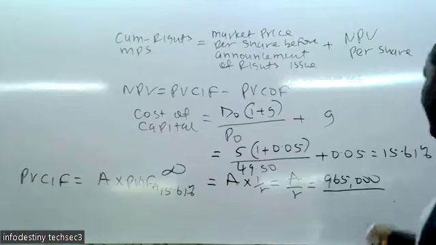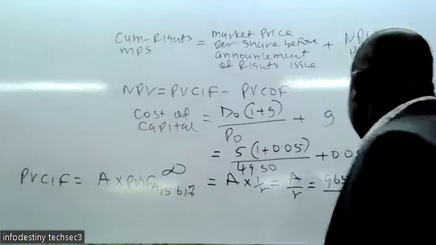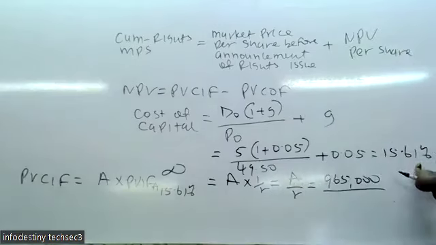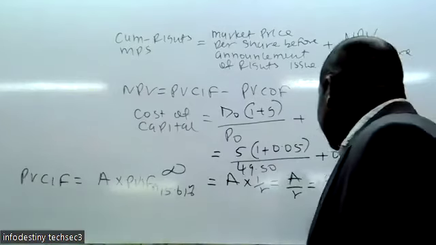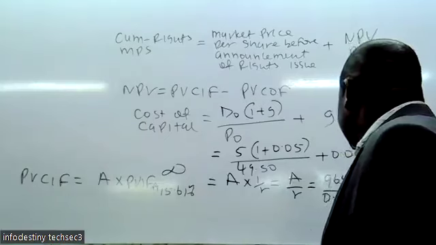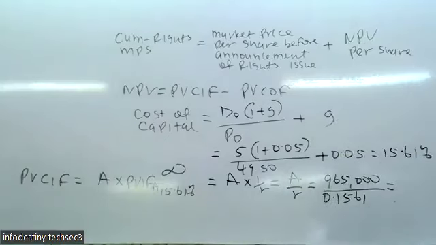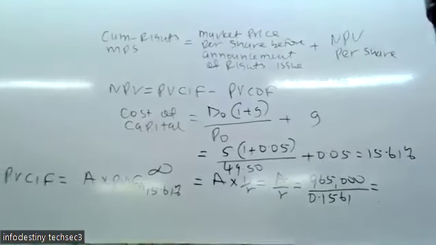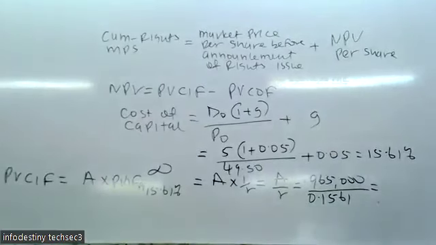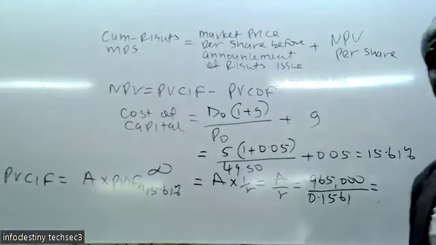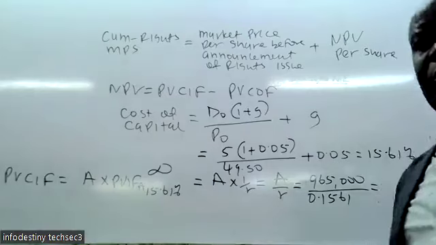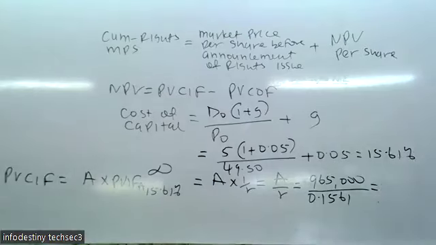So our R is what we have calculated as 15.61%, which is the same as 0.1561. That should give you the present value of the cash inflows.